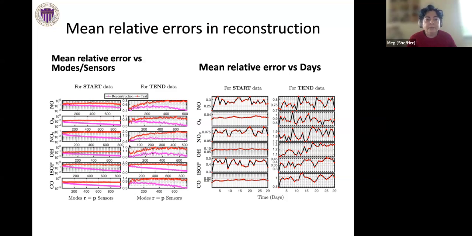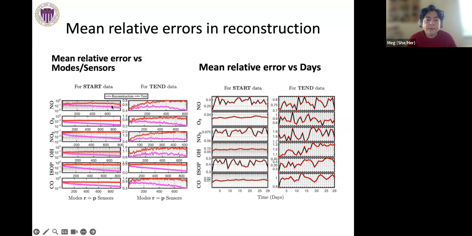I see that the error goes down exponentially as we increase the number of modes and sensors for the reconstruction results. For the tendency, it decays slightly slower, and it only starts peaking when we reach the optimal truncation rank R for that chemical species.